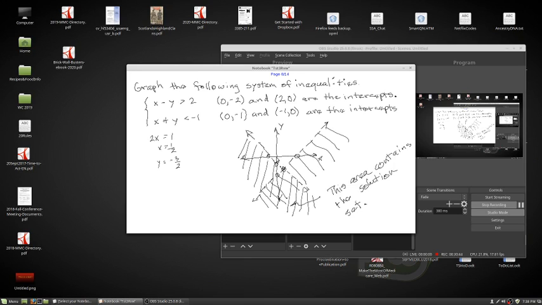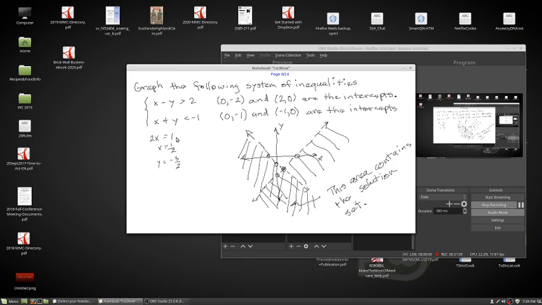Let's look at the origin again to see which side of the line we want. Now, if we plug in 0 here, we get 0 plus 0, or 0 is less than -1. That, again, is not true, so we don't want the values up here. We want the ones below this line.